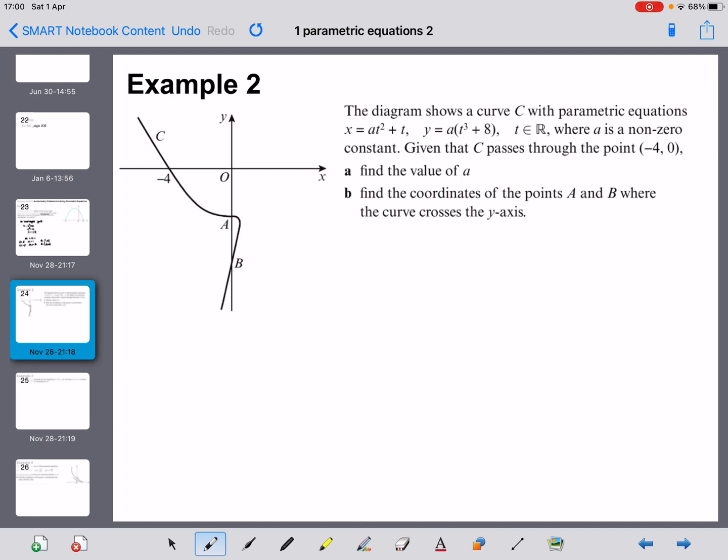Given that C passes through the point (-4, 0), find the value of a. So we know that when x equals minus 4, y equals 0.